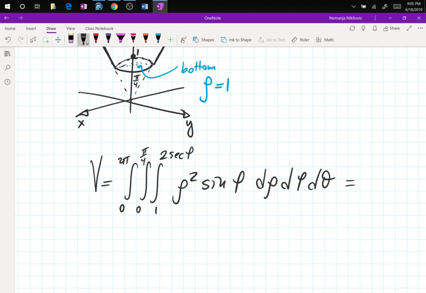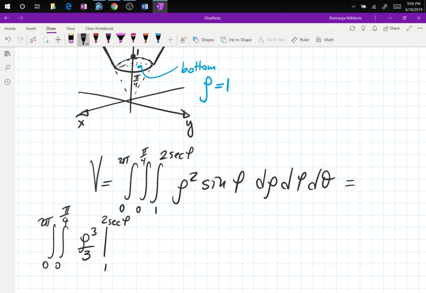Now this problem is not solved in a book, so I guess I can't give you the obvious answer, so we'll have to integrate this one. So double integral for the outer. When I integrate rho squared, I get rho cubed over 3, computed from 1 to 2 secant phi.